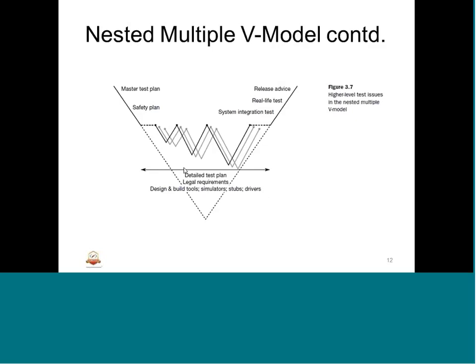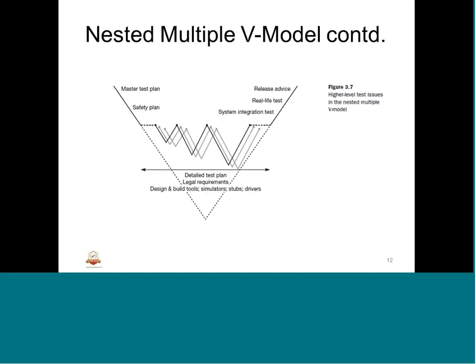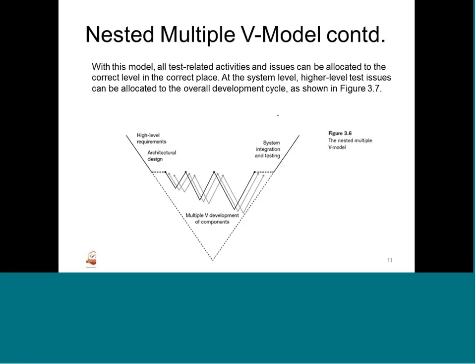In fact, the simple V model can be applied to this development process at a high level. The left side of the V model handles the decomposition of the system into its components. The middle part of the V model consists of parallel development cycles, what we have seen here, for all the components. The right side of the V model handles the integration of the components.